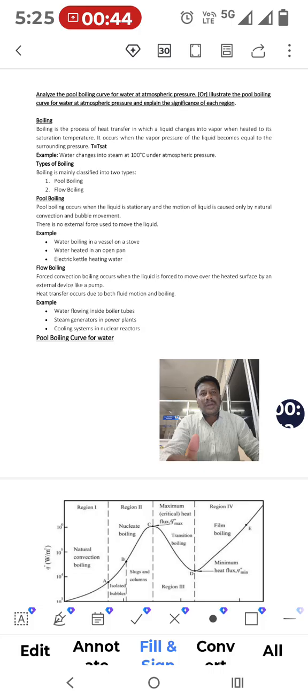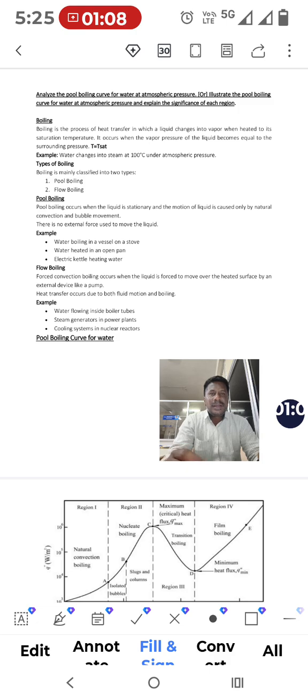There are two types of boiling. Boiling is classified into two types: one is called pool boiling and the other is called flow boiling. Pool boiling occurs when the liquid is stationary and the motion of the liquid is caused by natural convection or bubble movement.